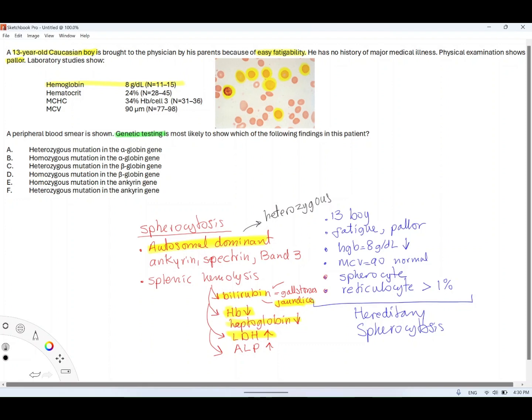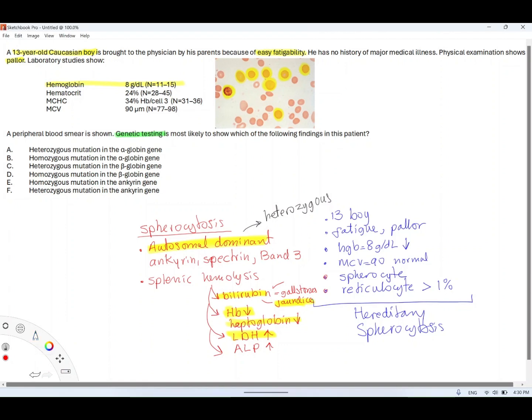Those red blood cells might not even make it. So I have never seen spherocytosis that is homozygous dominant, or homozygous recessive, sorry. Almost all are dominant, because maybe the homozygous recessive don't survive. Maybe that's the issue.